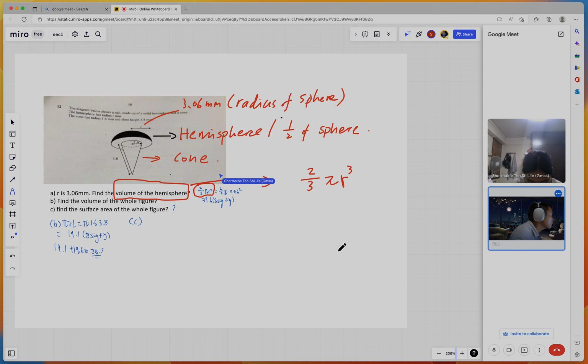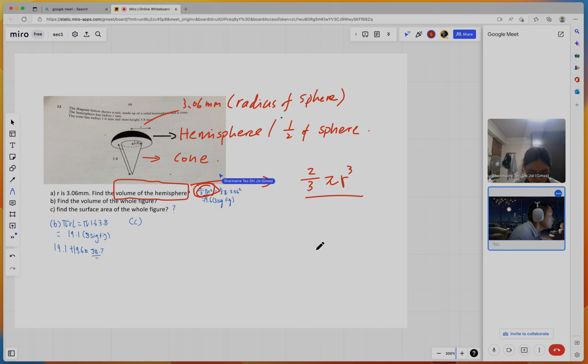Why? Did you not say you went and Googled and the formula is 2/3 pi r cube? Why did you give me pi r square? Explain. Whose formula is this?